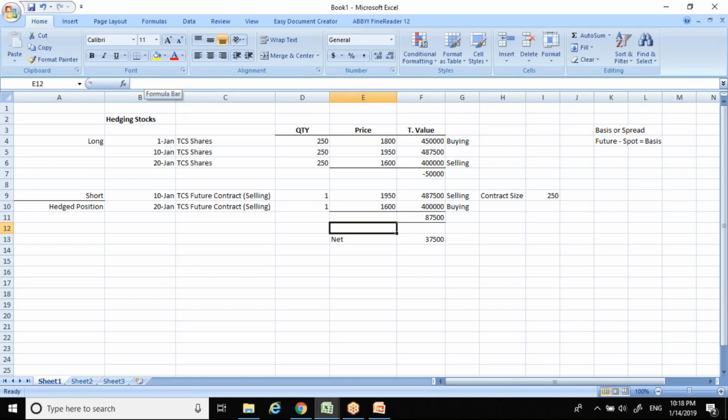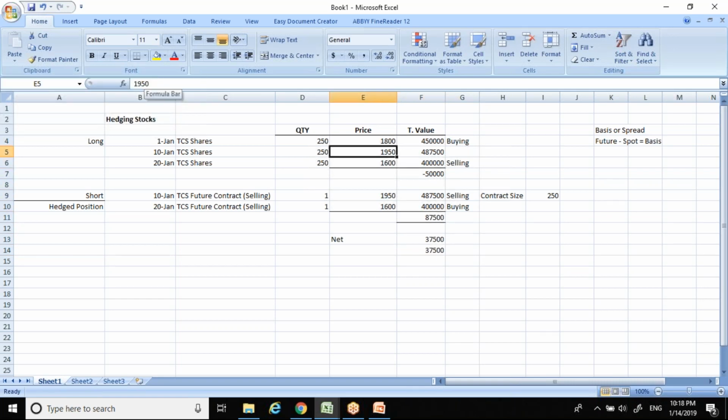Now this is the same thing you were making earlier, around 150 multiplied by 250. They're the same amount. So even if the market went down, you are making 37,500, which you were previously making.